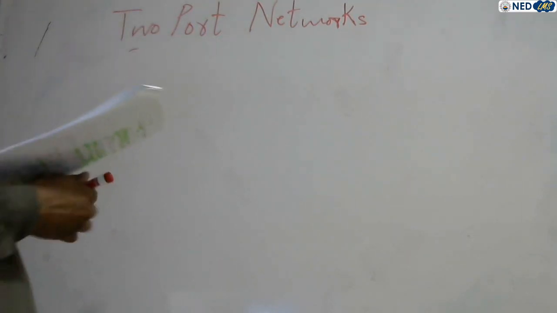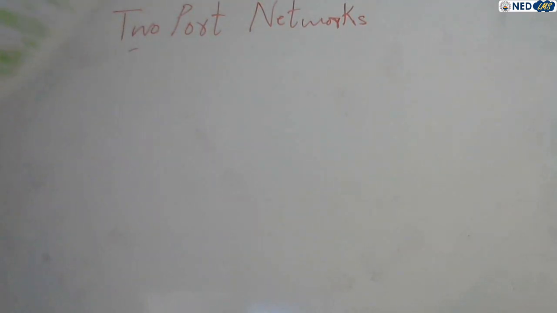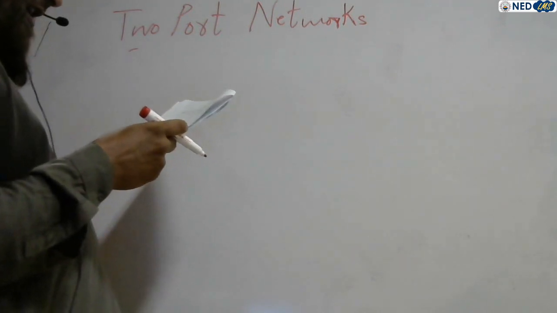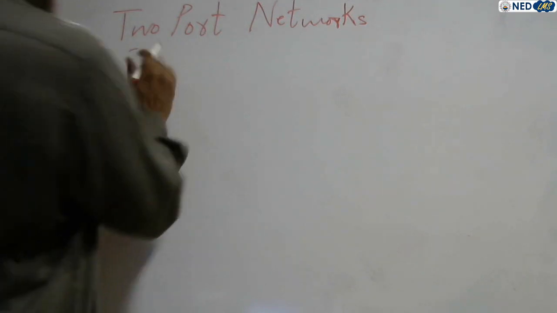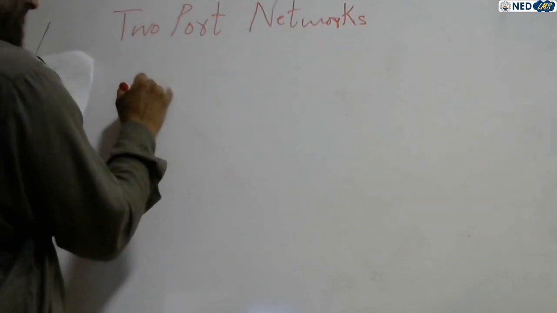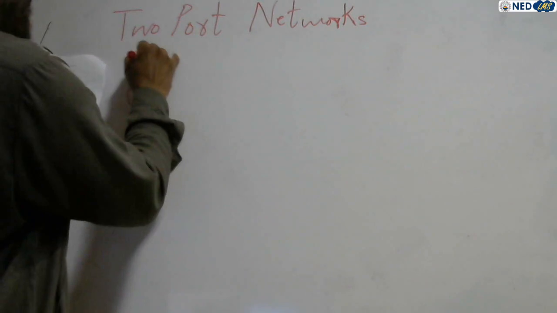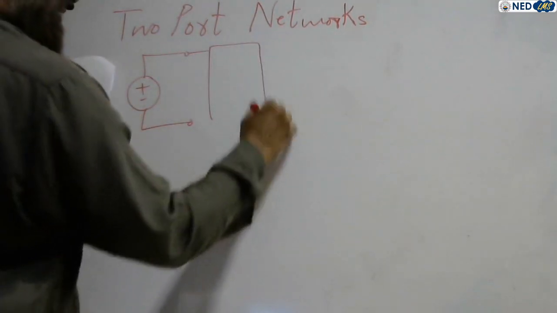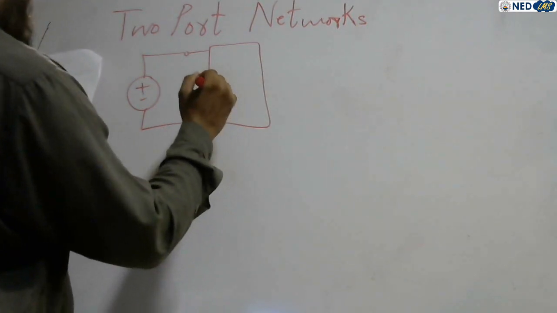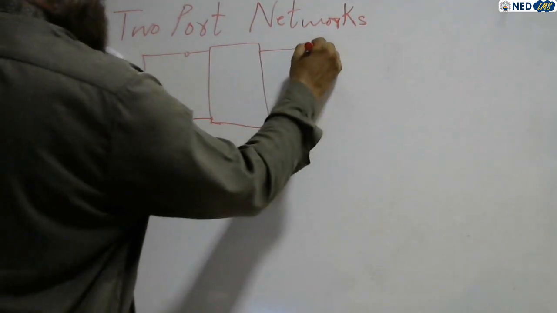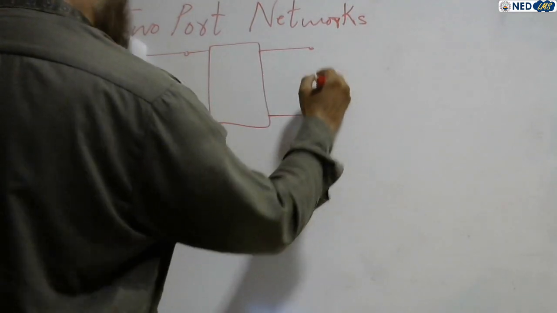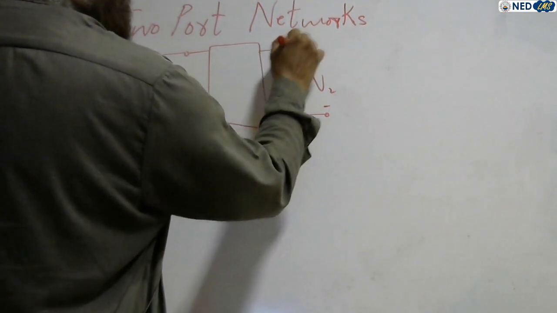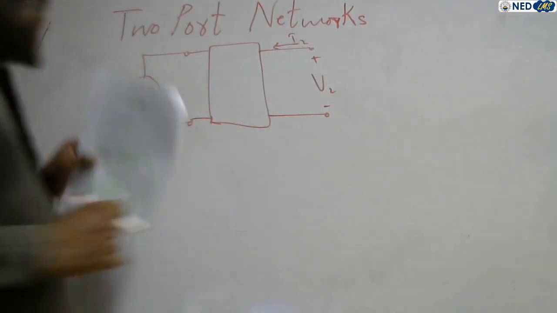Okay, now we have to find the impedance parameters. For that, we need the open circuit output impedance. For example, we can draw the circuit, that is this one: a voltage source, it draws a current, and there is a network, and the output terminals. If the terminals are open circuit, what is the current?